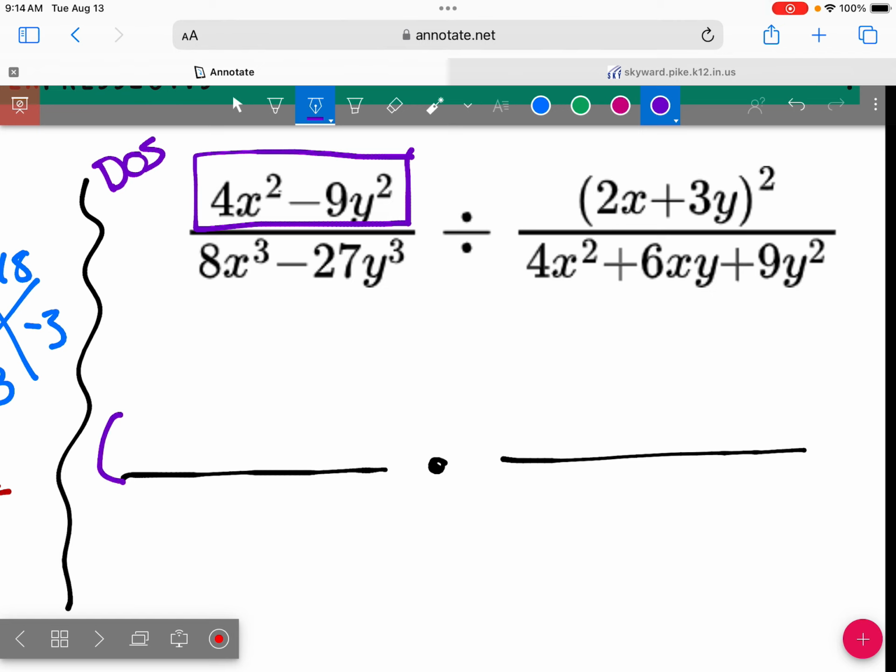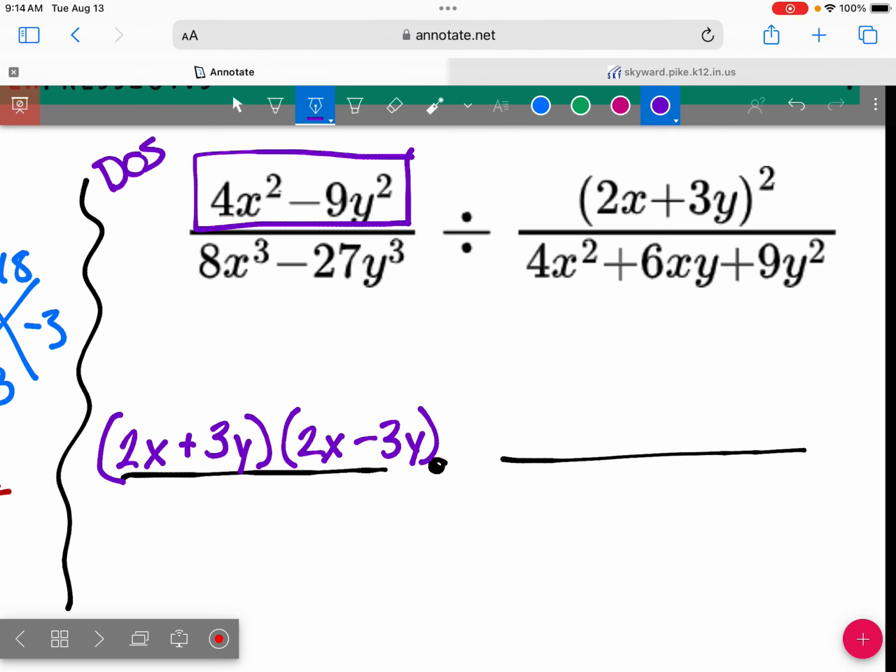So what are my factors here? 2x plus 3y and 2x minus 3y. Just because it's got variables doesn't change the pattern. Still our difference of squares.